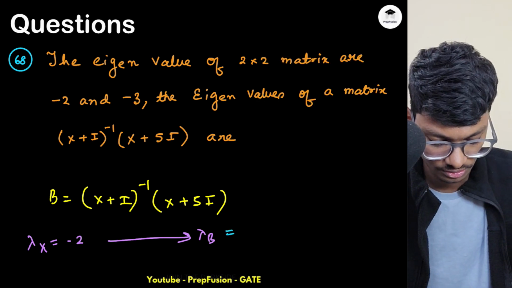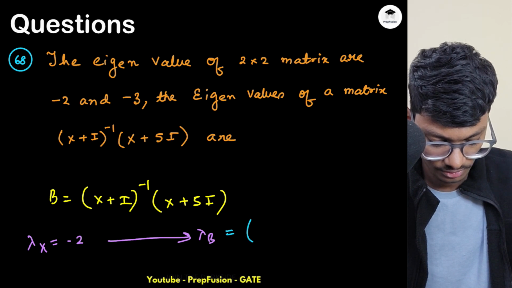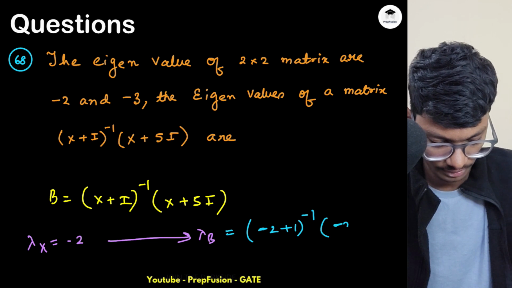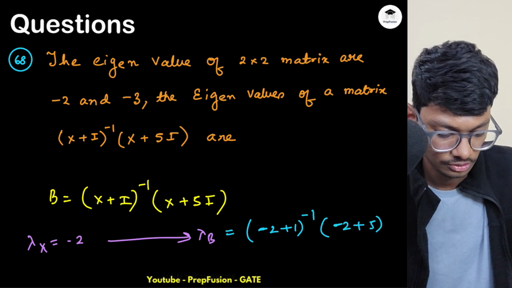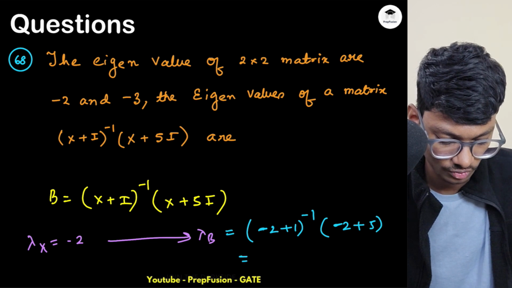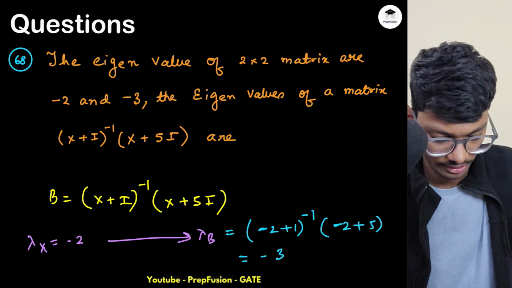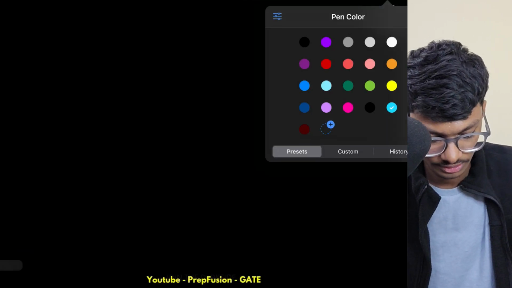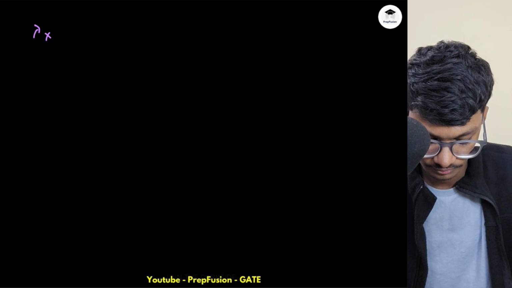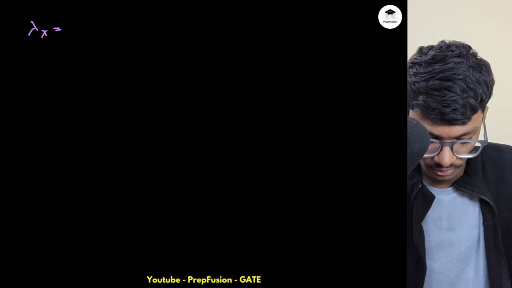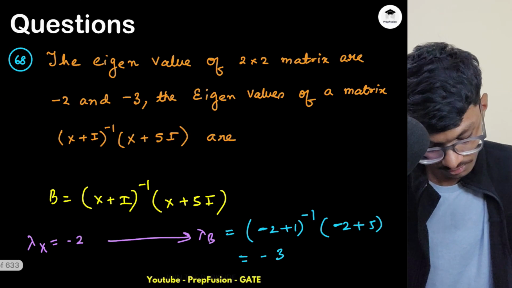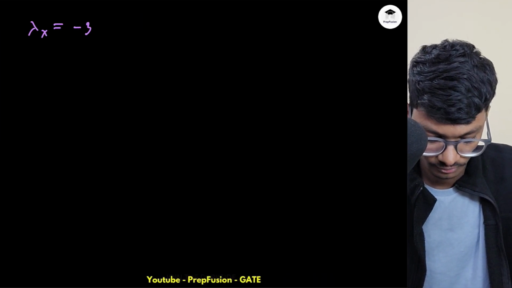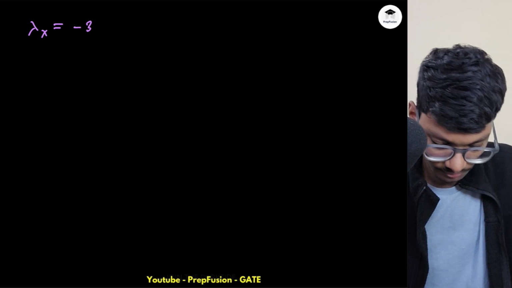Simply it is minus 2 plus 1 inverse times minus 2 plus 5. So this is minus 1 inverse and this is 3, so this is minus 3. So I have got one eigenvalue. I have to write down another eigenvalue. So for the other, lambda X equals minus 3, lambda B is equal to minus 3.